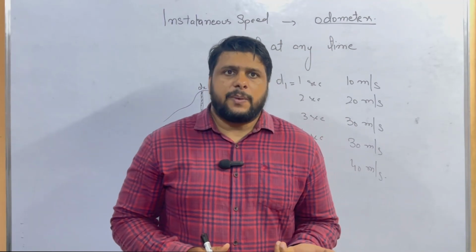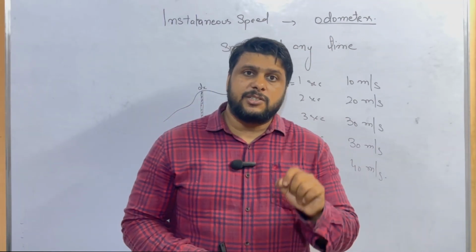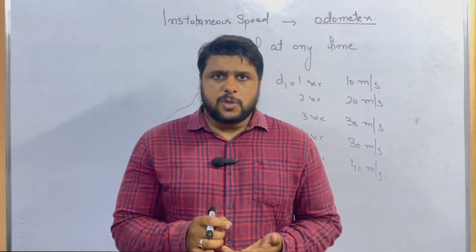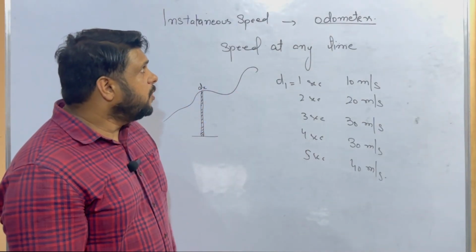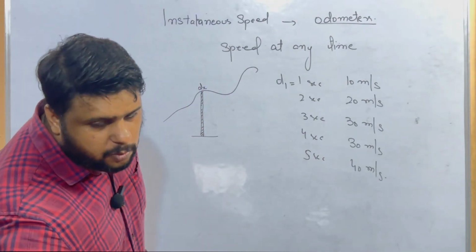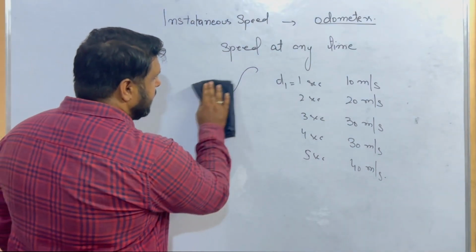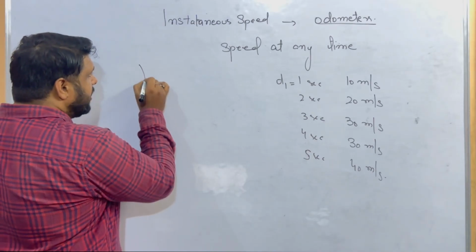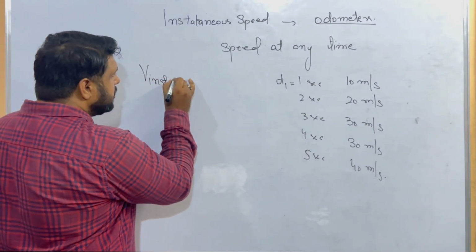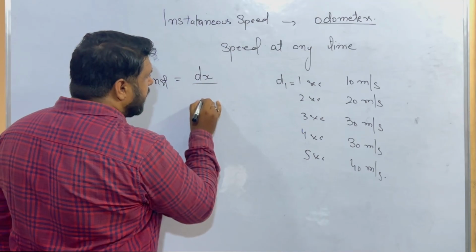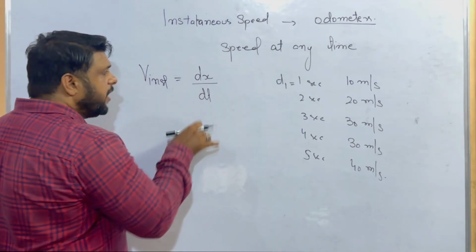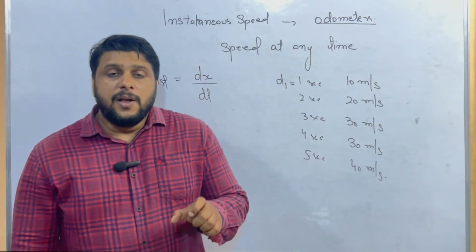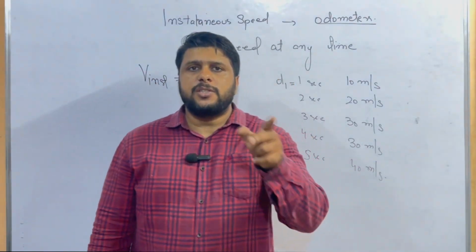Let's say it has traveled for 1 hour, but we want to find the distance traveled in 1 second. So that is going to be very small. So similarly, here also instantaneous speed is found by dx by dt. We take a very small interval and we write it like this: v instantaneous is equal to dx by dt, because we already know that speed is a function of the distance, and we check how distance is changing with time.